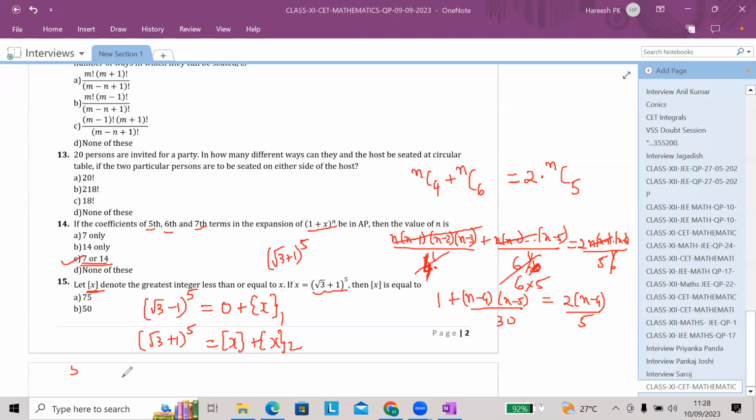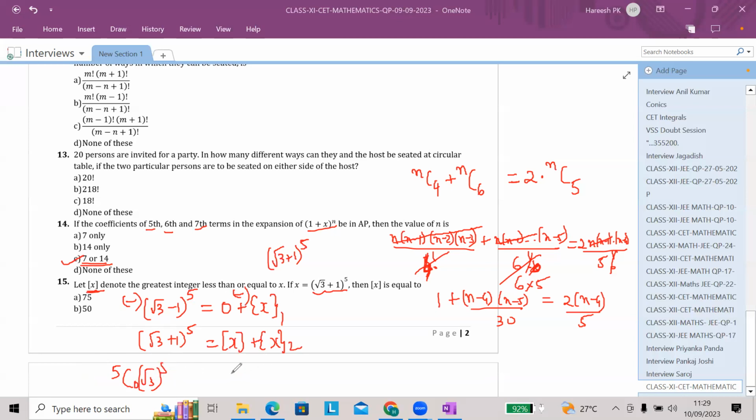In fact, if I subtract these two, then I'll end up getting 5C0 root 3 power 5. All these terms will get cancelled.